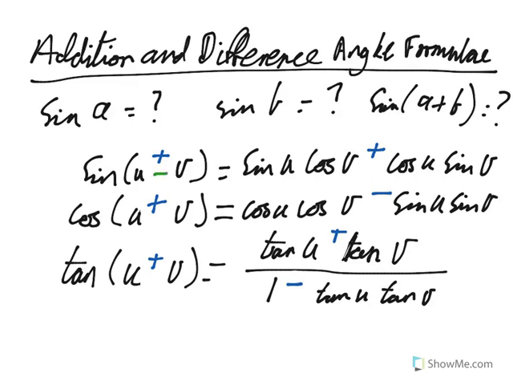For u minus v for the sine, there's a minus here, u minus v for the cos, there's a plus there, and for u minus v, got a minus here and a plus here. Right, so they're the formulas.